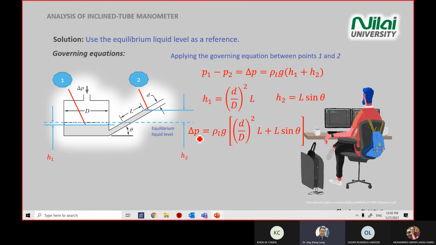So your delta P equals rho of the liquid, with a small subscript L here representing the liquid, times g times H. Your H is a combination of H1 and H2. So we're getting a more and more complex system here. Make sure you understand how to get your total H here.